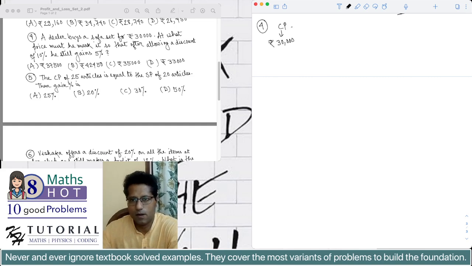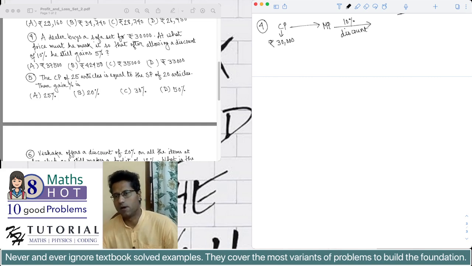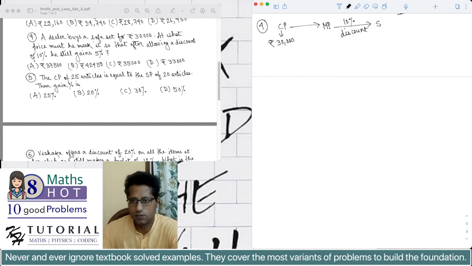From the cost price, we will have a mark price. We are asked to find the mark price. At what price must we mark it so that after allowing a discount of 10%, so the discount is applied on the mark price. So when the discount is deducted from the mark price, we get the final selling price.